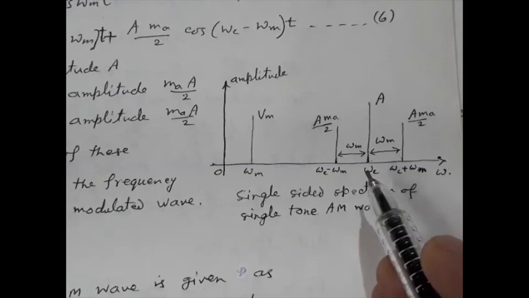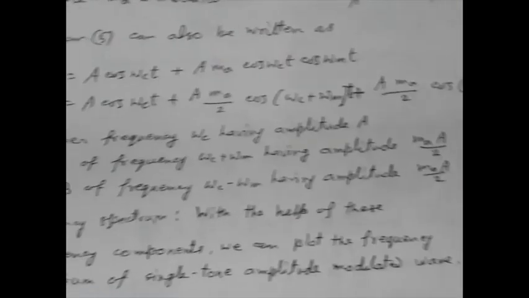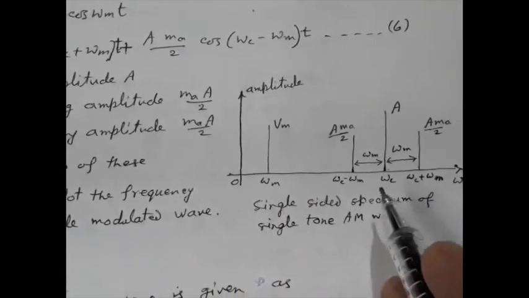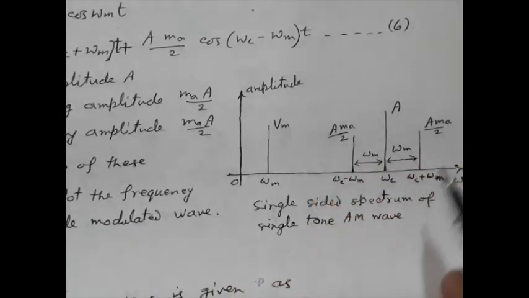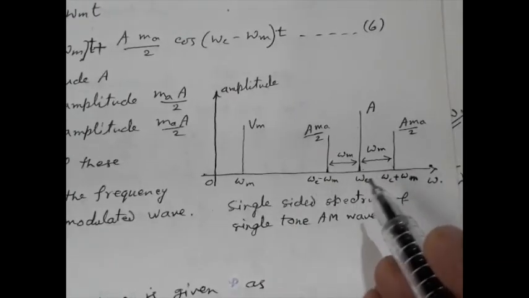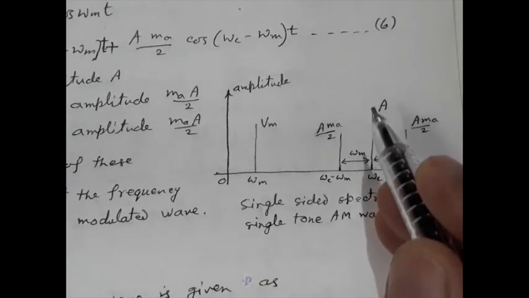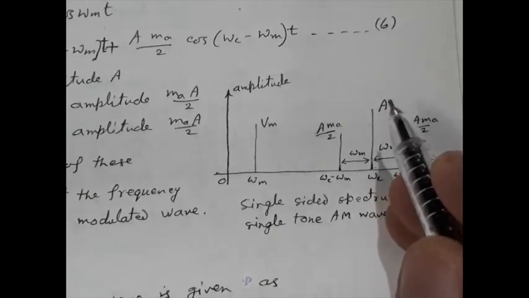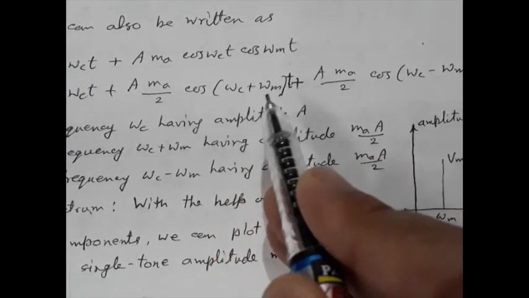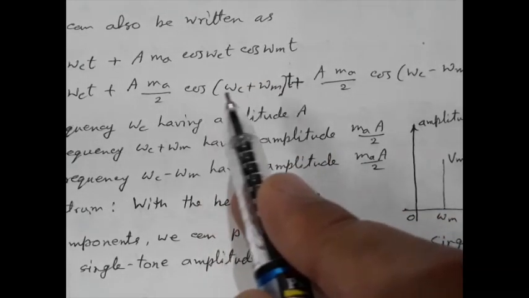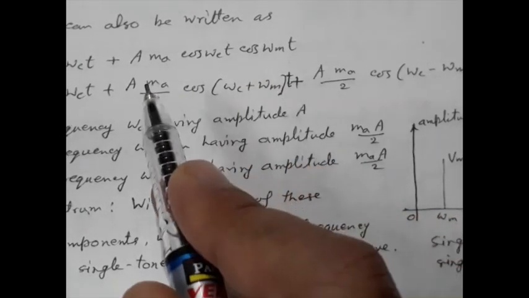Here the first term, A cos omega ct, we are drawing only in the positive frequency part, for the positive frequency domain. So at omega c we have a spike because of this cosine function with amplitude of A. Next we have cos (omega c plus omega m)t. It is a cosine function, so we will have a spike at frequency omega c plus omega m with amplitude of A ma by 2.